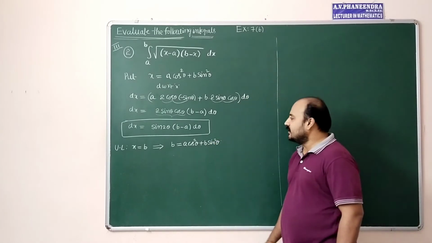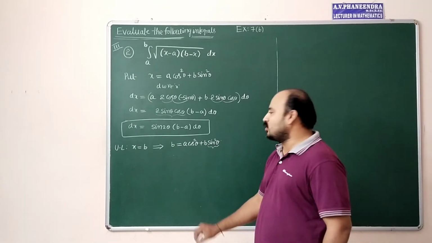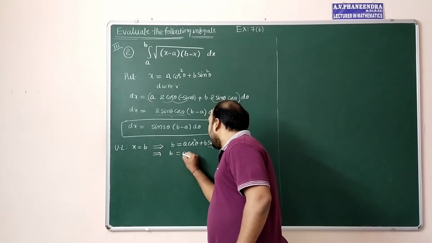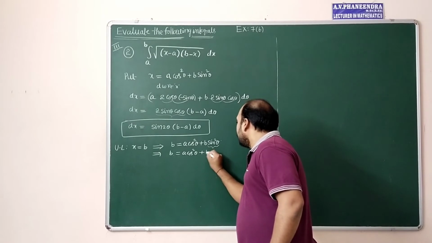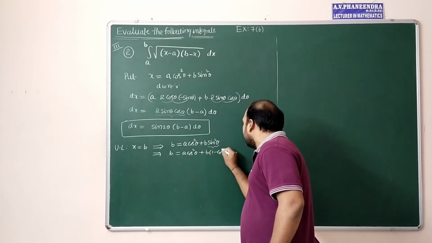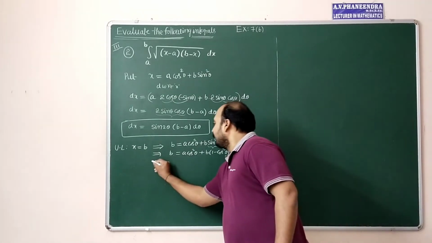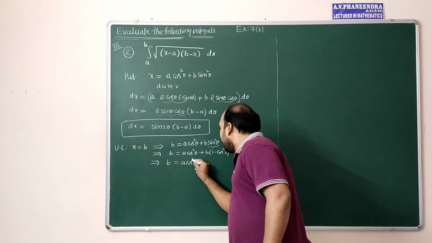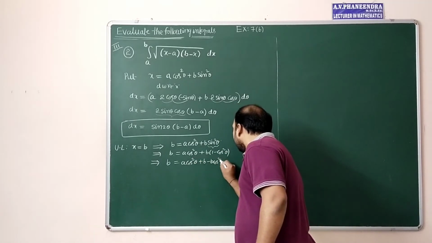Now sin square theta in terms of cos you have to write. That implies b equal to a cos square theta plus b into (1 minus cos square theta). So actual multiplication here: b equal to a cos square theta plus b minus b cos square theta.